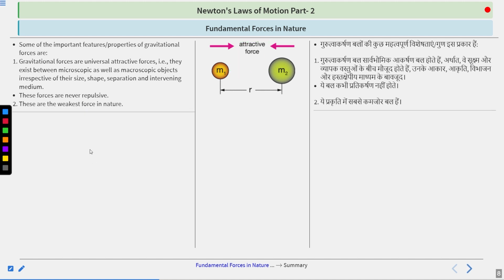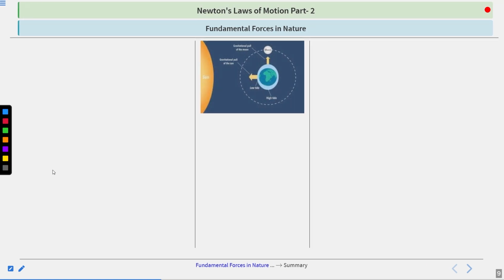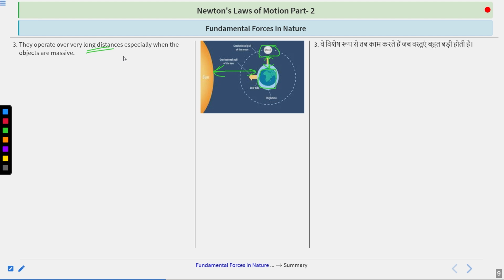These are the weakest forces in nature. They operate over very long distances, especially when the objects are massive. Like here, if this is the earth, this is the moon, and this is the sun, they all apply a force of attraction on each other, but that force acts over very long distances.